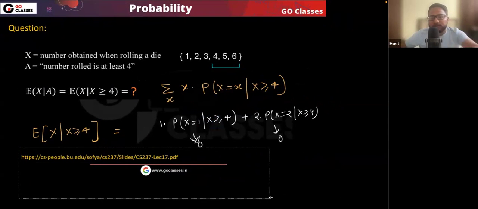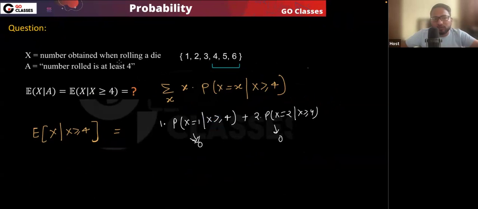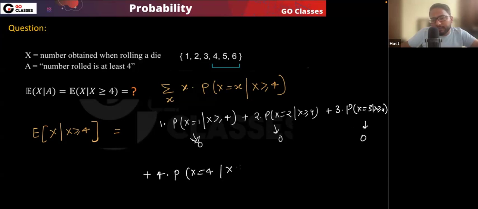So if you solve this question using the formula also, you will get the same thing. Plus 4 into the probability of X equal to 4, given that X greater than or equal to 4, plus 5 into the probability of X equal to 5, given that X greater than or equal to 4, plus 6 into the probability of X equal to 6, given that X greater than or equal to 4.